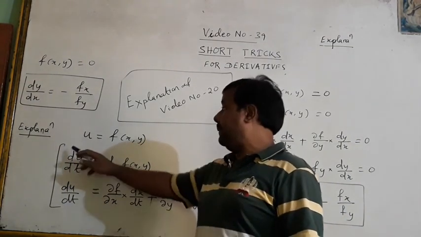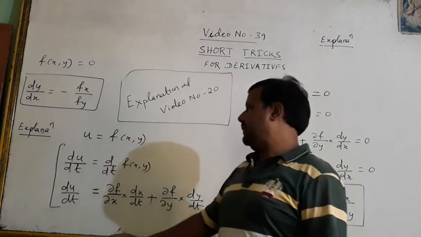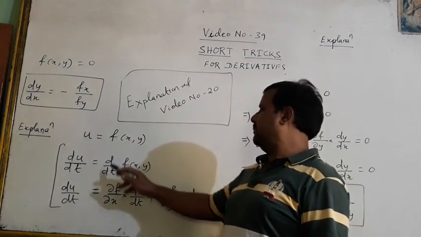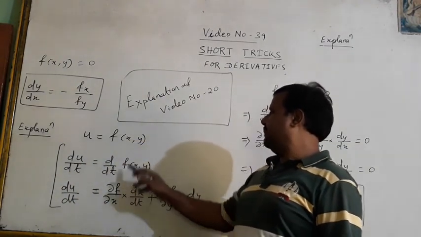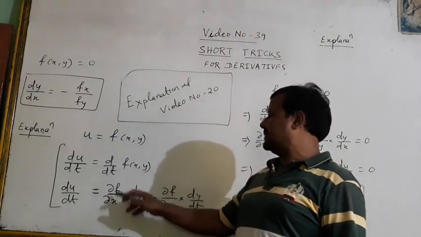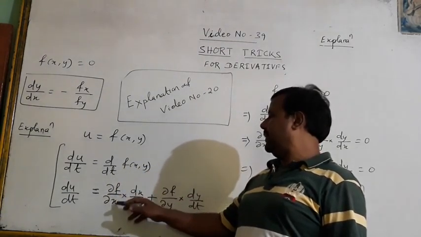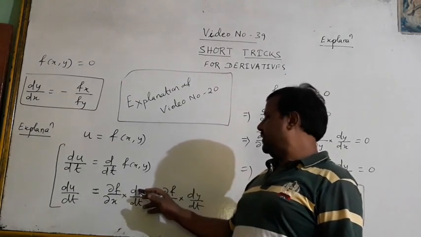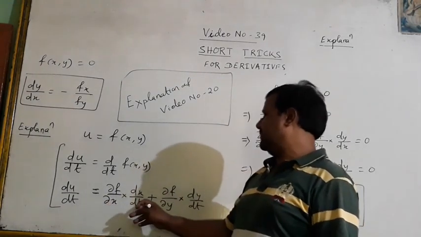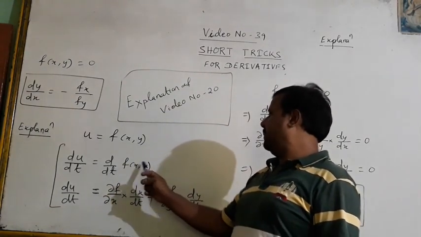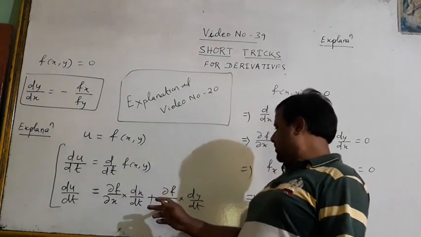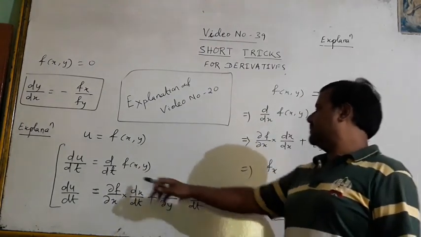d by dt of u, that is d by dt of f(x, y). First you have to differentiate partially: del f by del x into dx by dt plus del f by del y into dy by dt.